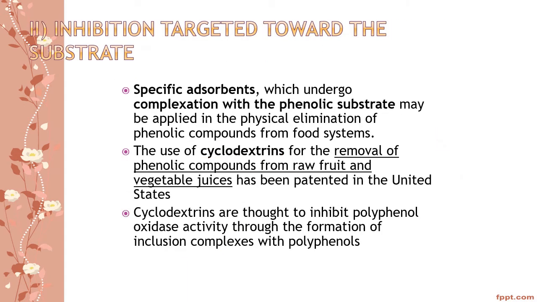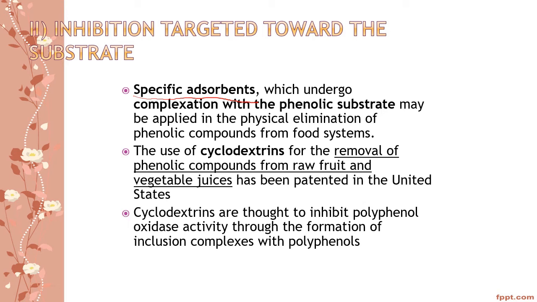So still number two, inhibition targeted toward the substrate. You can also add a specific adsorbent which can undergo complexation with the phenolic substrate, and it can be applied in the physical elimination of phenolic compounds from the food system.